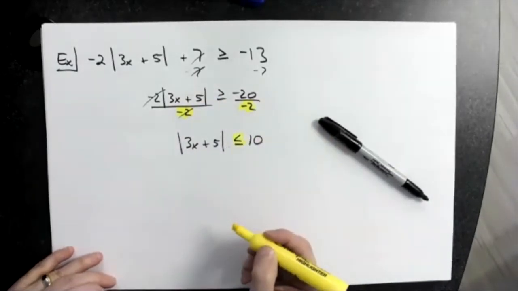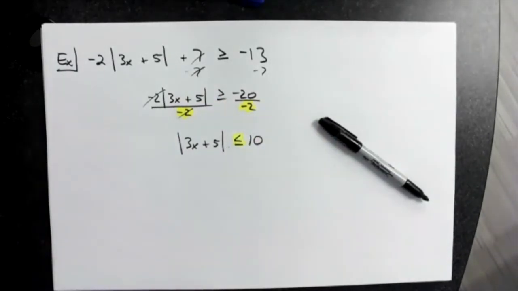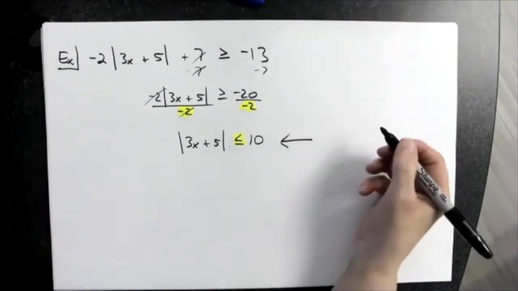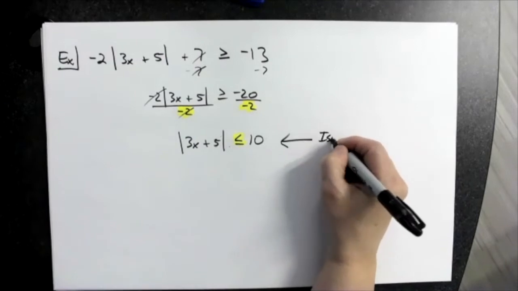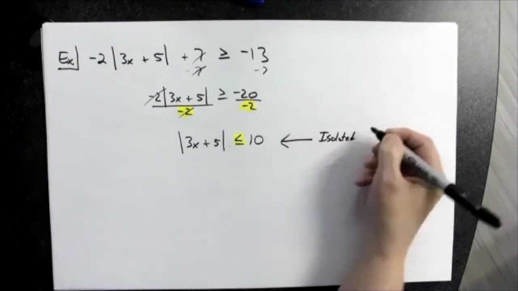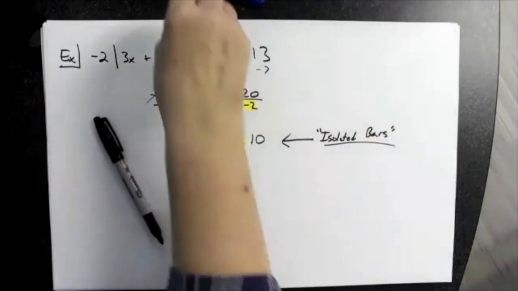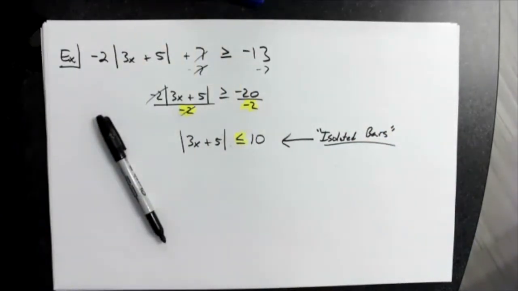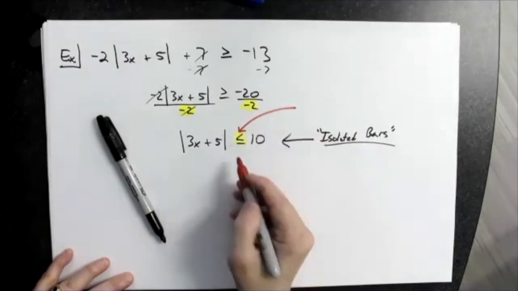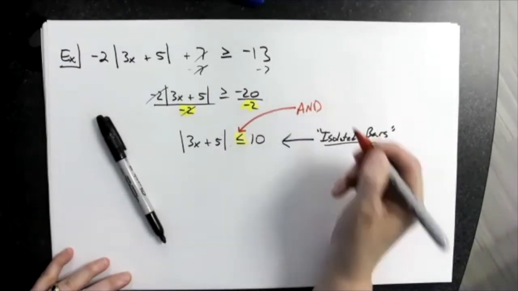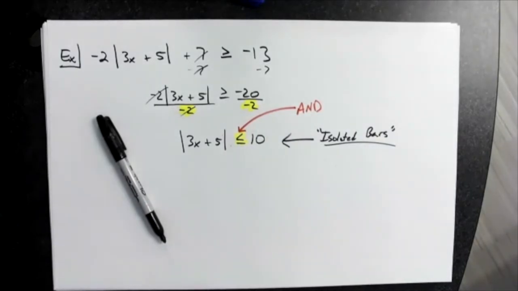Now I have isolated bars. Once I have isolated bars, I can look at this and say this is less than, and this is another and.